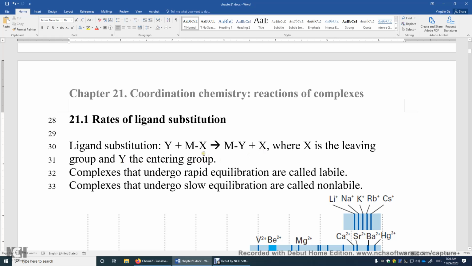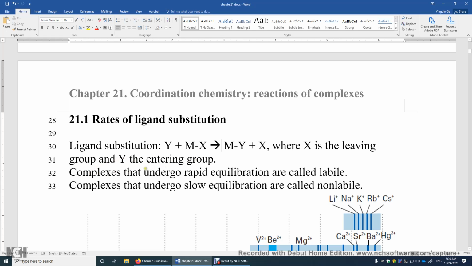I think in organic chemistry, you have learned this. You can have a bromide ion react with chloromethane and replace this chlorine and form bromomethane and chloride. In transition metal chemistry, X and Y are ligands. So you can also say X is the leaving ligand, Y is the entering ligand.